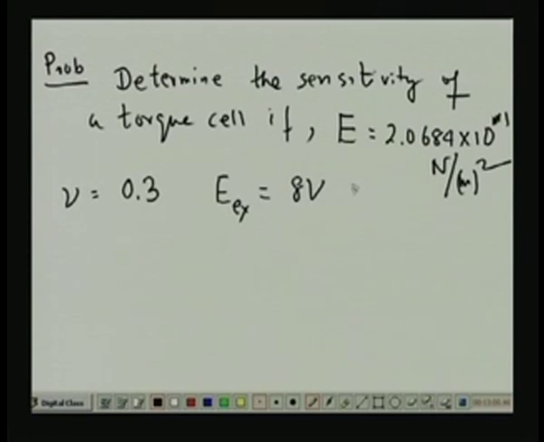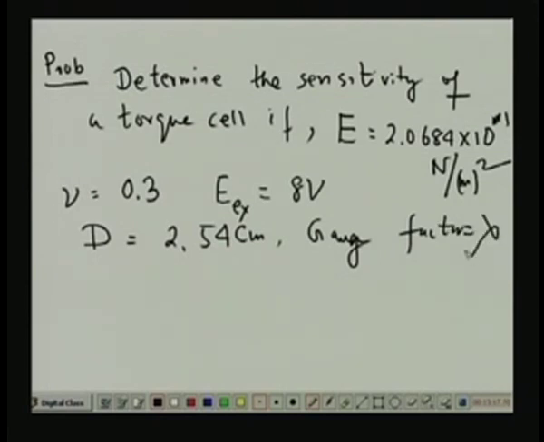Diameter of the shaft D is equal to 2.54 centimeter, right. The gauge factor of the strain gauge lambda is equal to 2. This is an advanced strain gauge obviously, and all are active gauges.